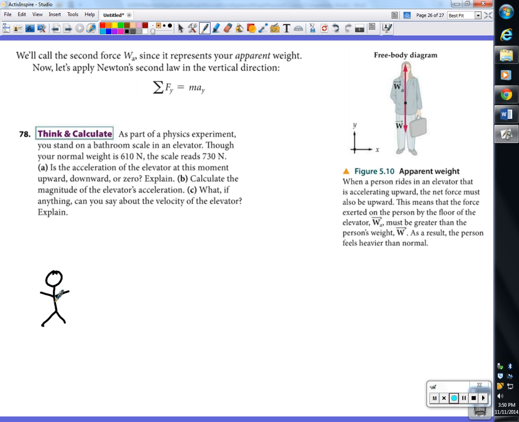There's you. There's the middle of you, which we'll use as the reference point of our coordinate system in this problem. It says your normal weight is 610 newtons, meaning when there is no acceleration up or down, your normal force is 610, which also means that's the force of gravity acting on you. But it says in this problem that the scale is reading 730.